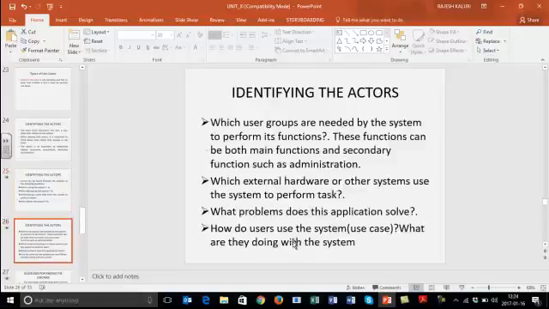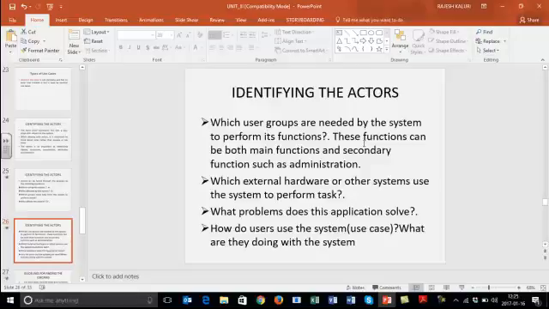And now if you look here, there is another set of questions. The first one: which user groups are needed by the system to perform the analysis of its functions? And also these functions can be both main functions and secondary functions, such as administration.